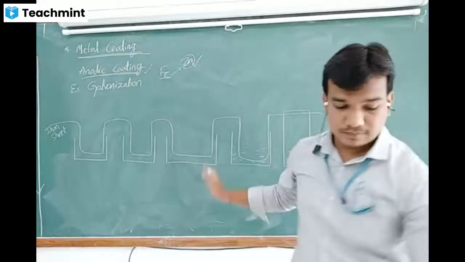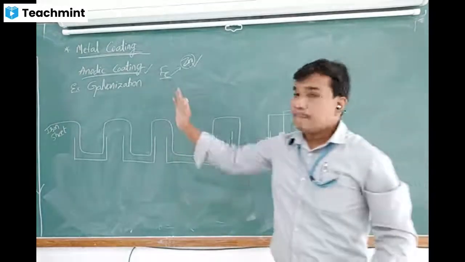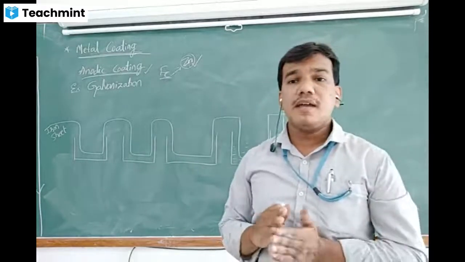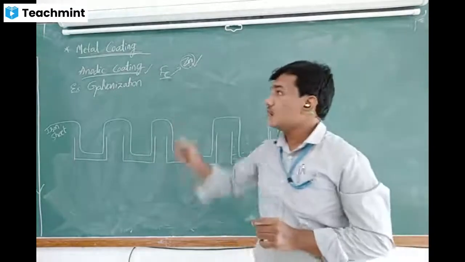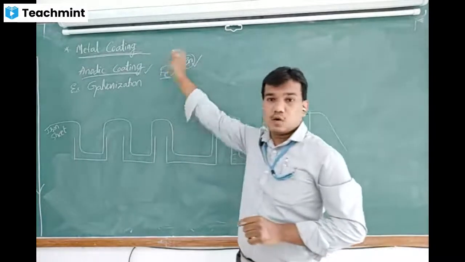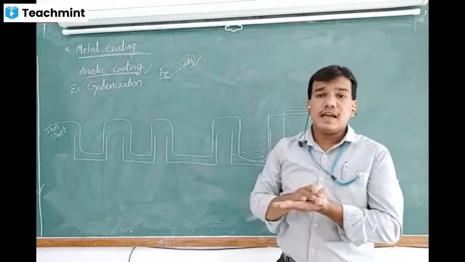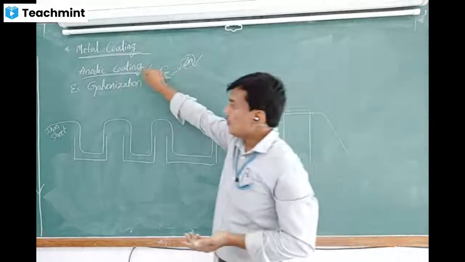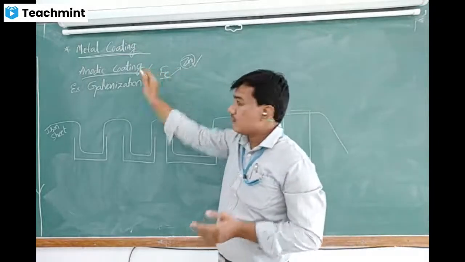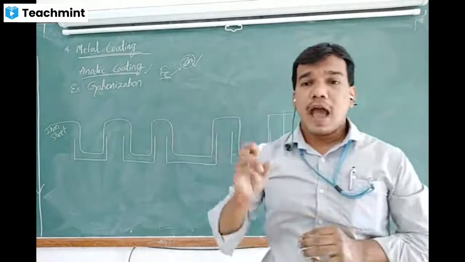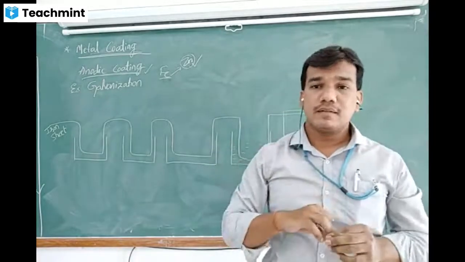Are you following? Metal coating means a protective metal we coat on a base metal surface to control the corrosion. There are two methods. One is anodic coating, which means the coating metal should be anodic to the base metal.